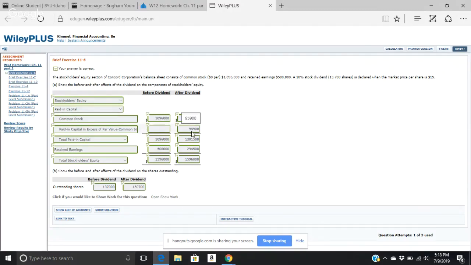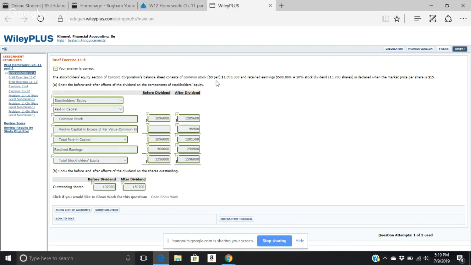And to get the paid-in capital in excess, we are just going to take the difference between the market price per share, which is 15, and subtract the $8 par, and that equals 7.